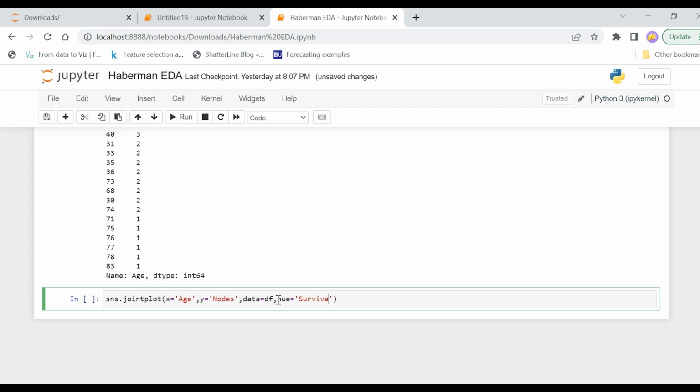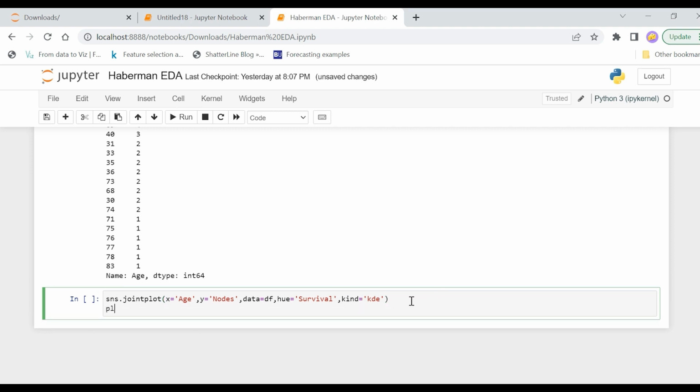It's okay. I just want you to see the glimpse. I want to take the hue as survival, and I want to take kind as KDE, and you can have the title as well.